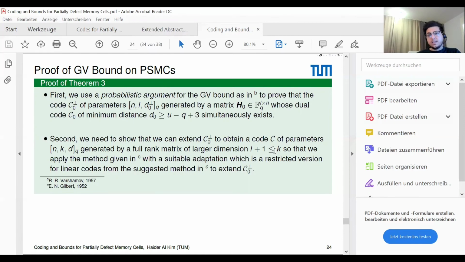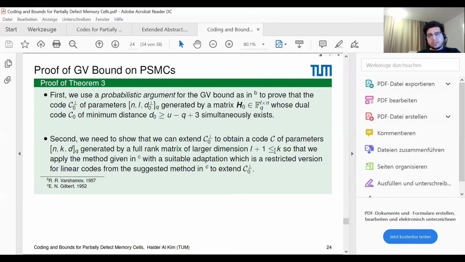This is from our construction 1, theorem 1. We need to prove that these two events exist simultaneously, and this is why we use Varshamov in 1957.